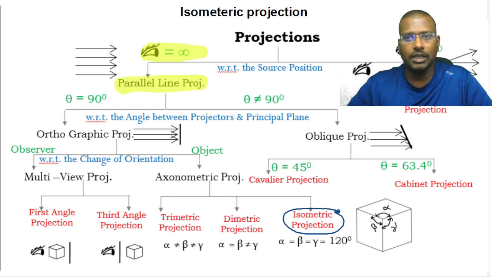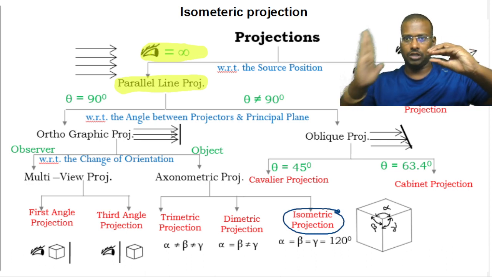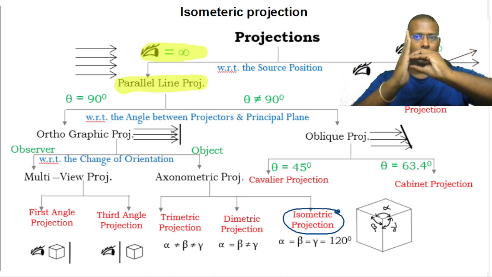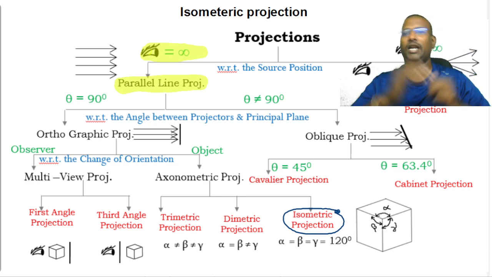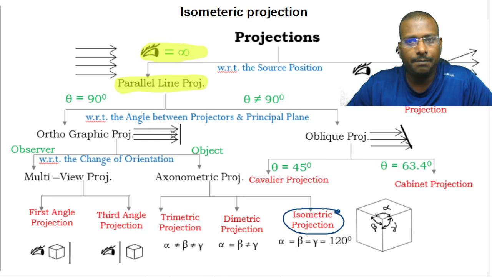Whenever the projectors are parallel to each other, depending upon the orientation of the principal plane, meaning how the principal plane is placed, these are the projectors. If the principal plane is perpendicular to the projectors, then it is called orthographic.